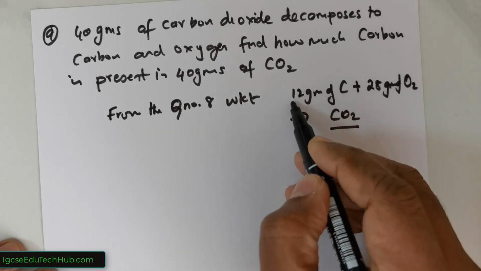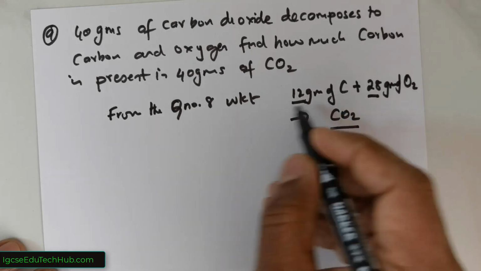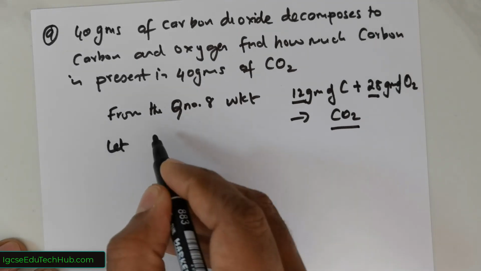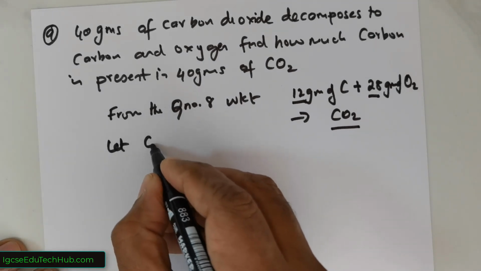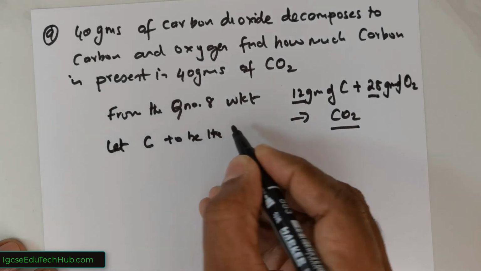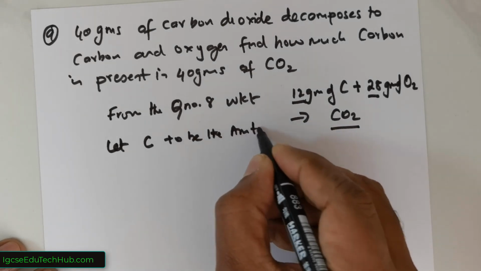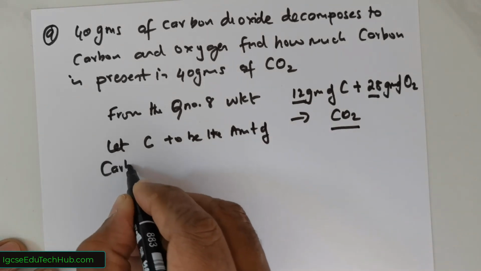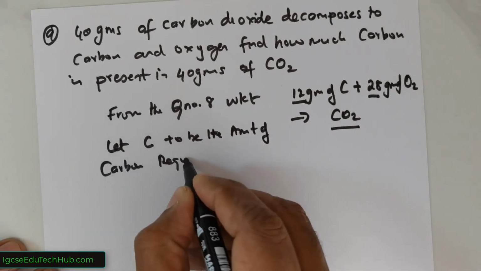Okay, so the ratio has to be preserved. Now coming over here, let me take C to be the amount of carbon required.